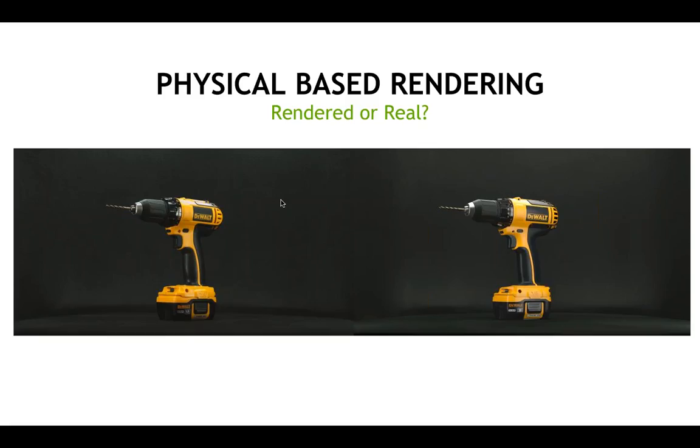If you look at this slide, you'll notice that there are two DeWalt drills located here. One of them is real, one of them is rendered. From a rendering perspective, what we are able to do now is take a tool like Rhino, for instance. Rhino is a tool that people use to model out their products.